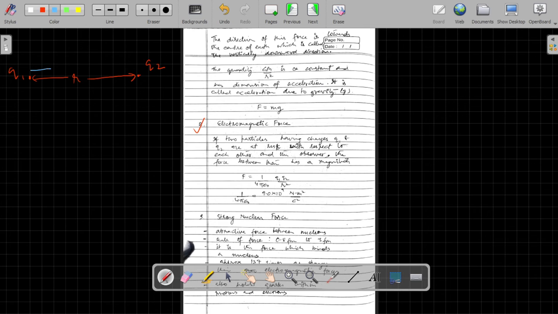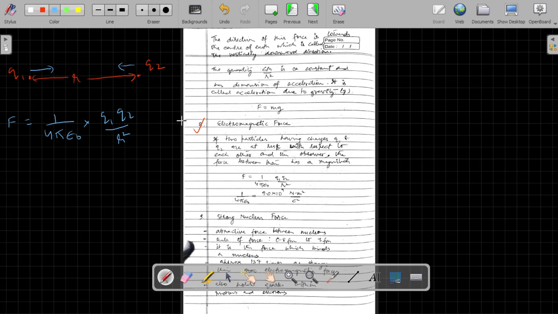So the electrostatic force between these two charges has a value 1 upon 4 pi epsilon naught into q1 q2 by r square.